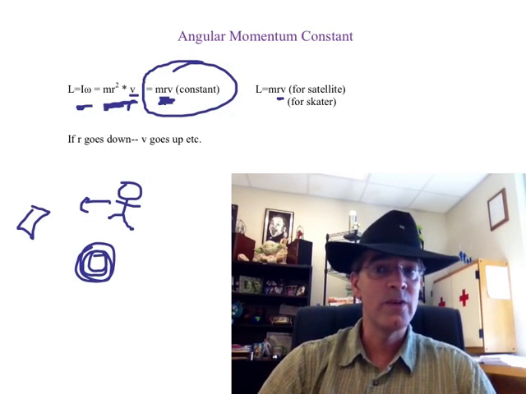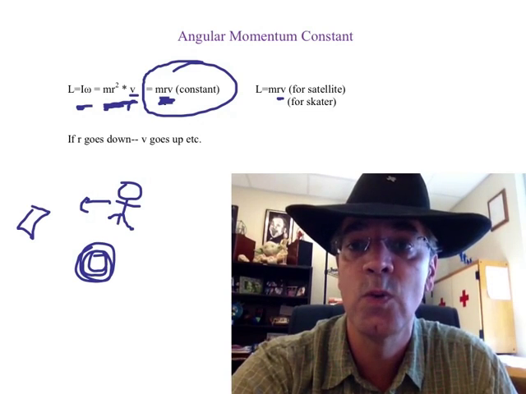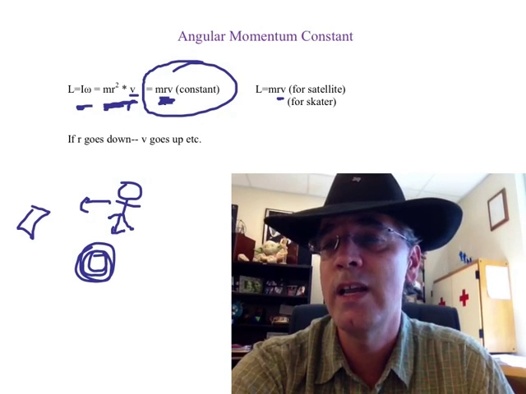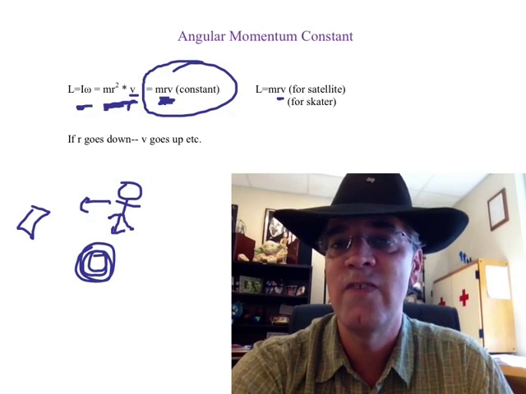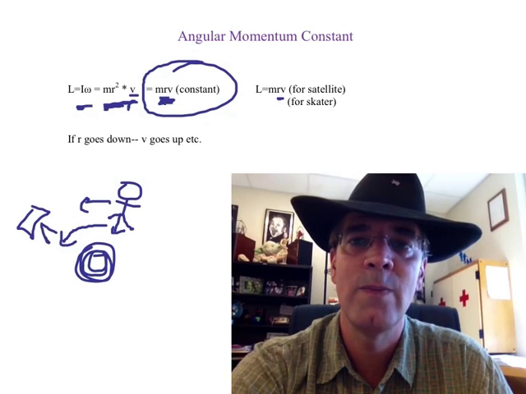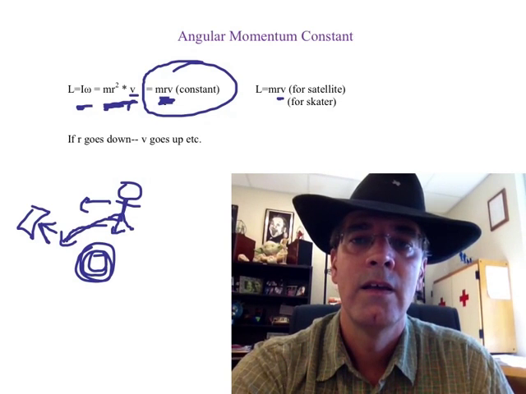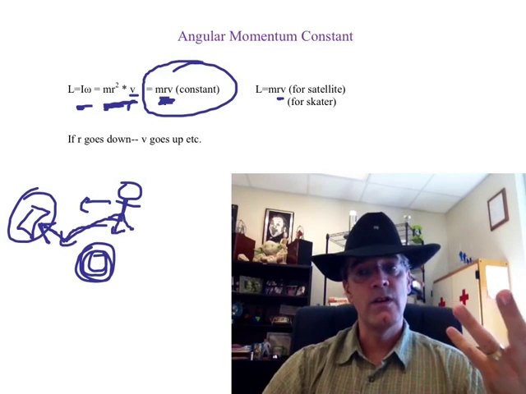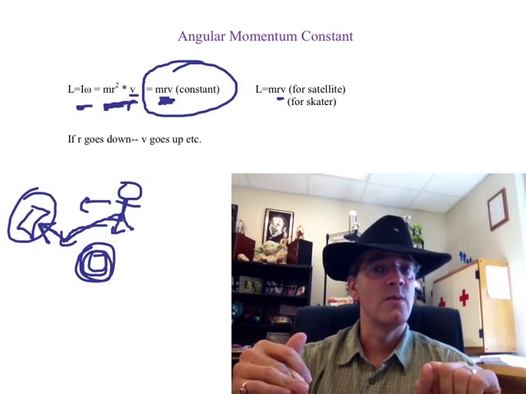To get the candy bar, what you really want to do is apply a force towards the Earth. Seems a little odd, right? But when you go towards the Earth, that changes your radius lower, which makes your velocity faster, and you catch up to the candy bar. When you get to the candy bar, you shoot straight back out at it, and then you grab your candy bar and eat it. That's really important for you to know, because you might end up in space and you might need your candy bar.